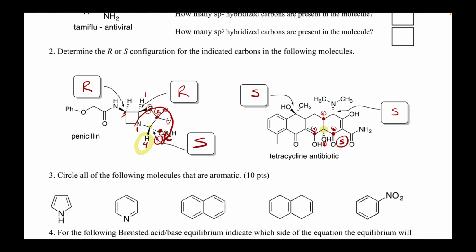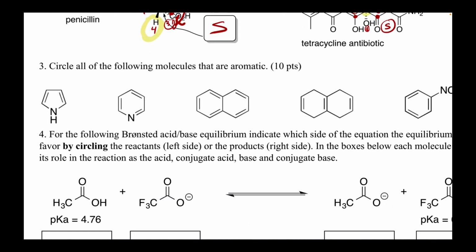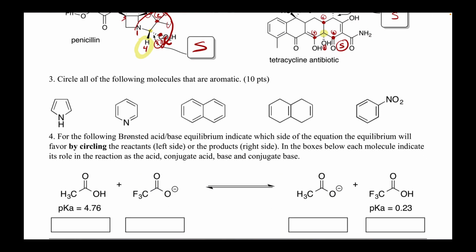Okay, aromaticity. Remember aromaticity? Which of those molecules are aromatic? What do we need to have aromaticity? Three requirements. Remember what they are? Yes, you have to have contiguous pi bonds.